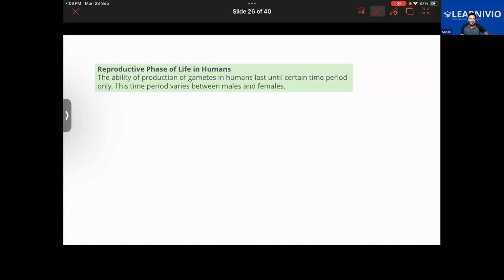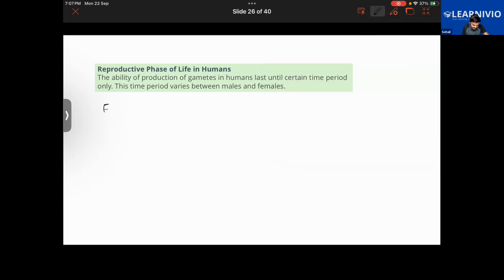As in the case of the females, the ability of the hormone producing glands decreases with time, so the reproductive phase will end by the age of 50 in them. But in the case of the male, it does not end. It lasts forever because the ability of the hormone producing glands has not stopped.